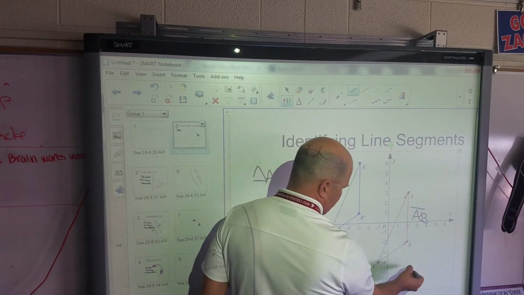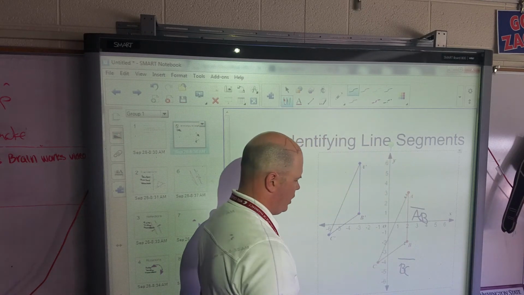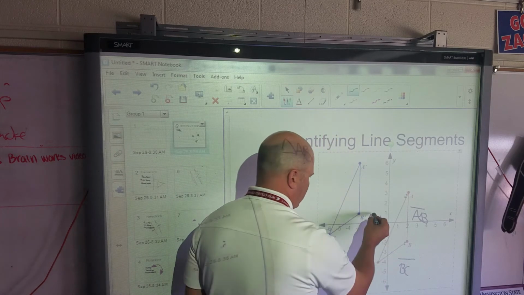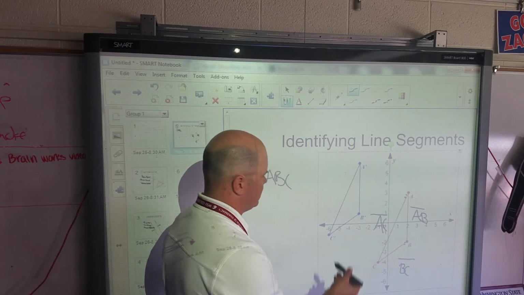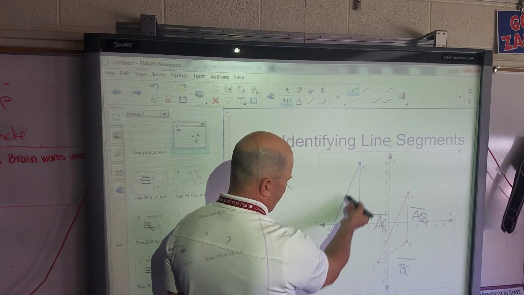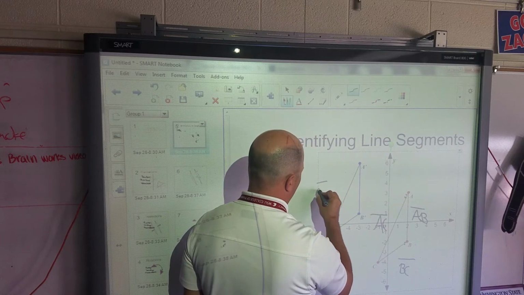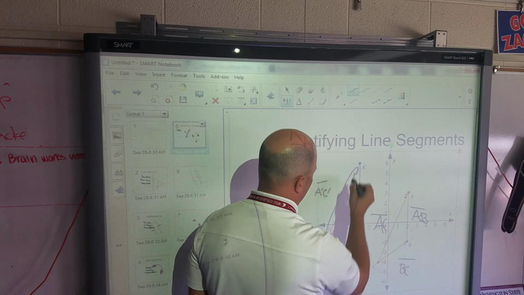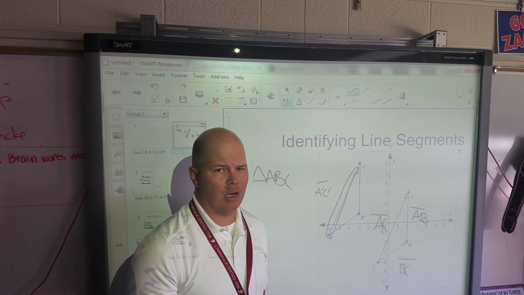This line would be BC, and this line would be AC. The line over the top lets us know we're talking about a line segment. Same with our prime figure here, this would be line A prime, C prime would be right here. Okay?